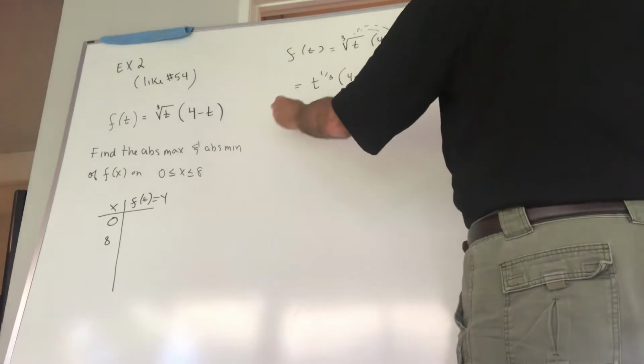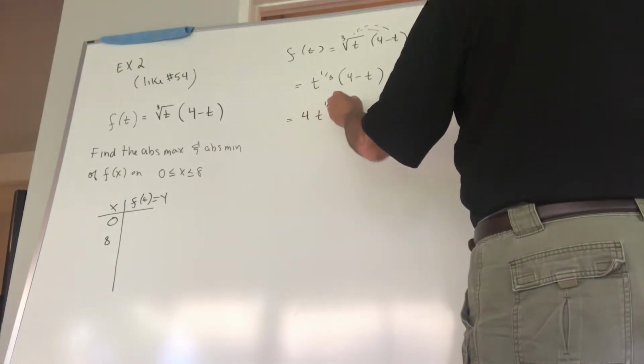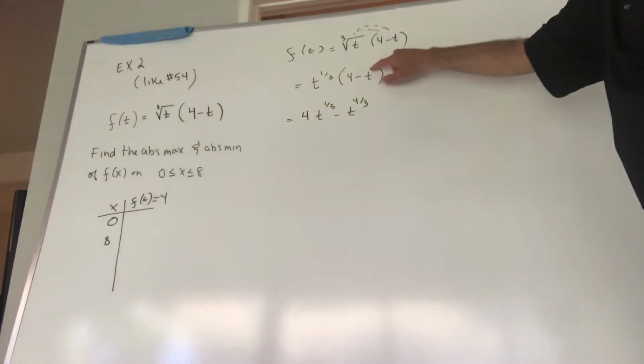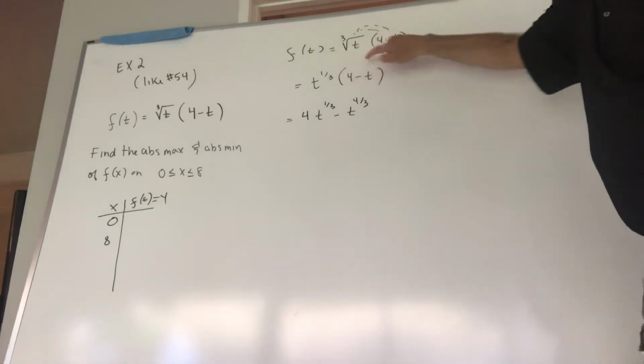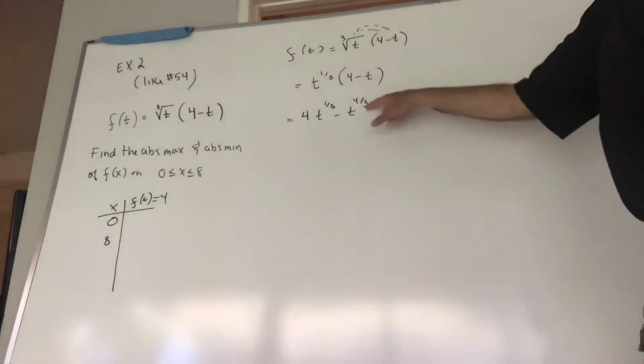It'll be easier to take the derivative this way. Now remember, there's a power of 1 here. Remember when you multiply, you add the exponents. So 1 plus a third is 1 1/3, or what we call 4/3.